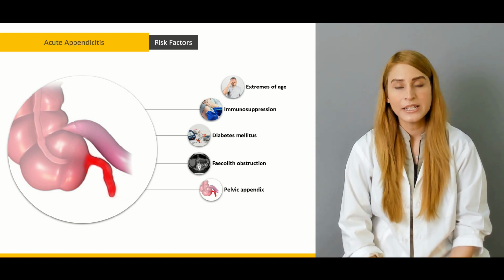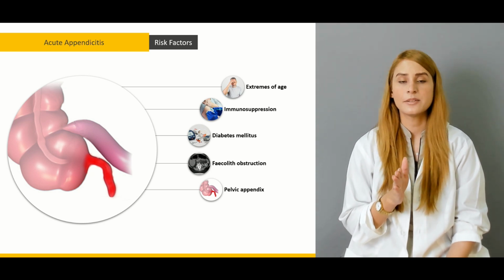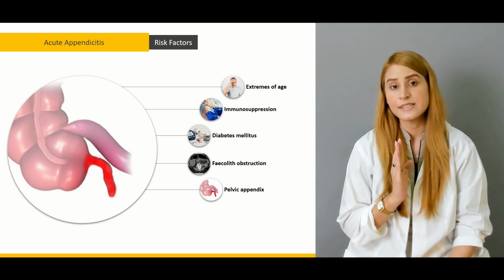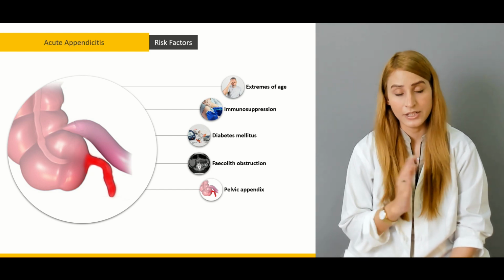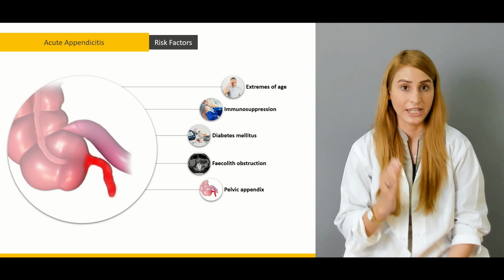Now, most commonly, there is no particular organism involved in acute appendicitis. It can be viral, it can be bacterial. Most commonly a viral organism is involved, but we do not know the typical type of organism involved.